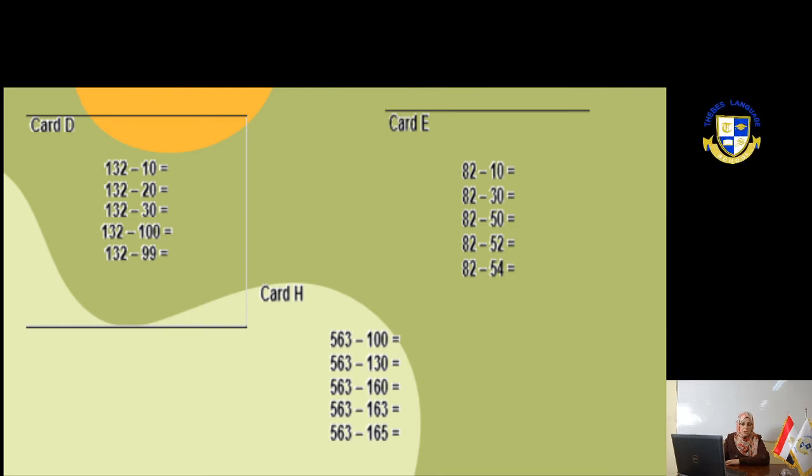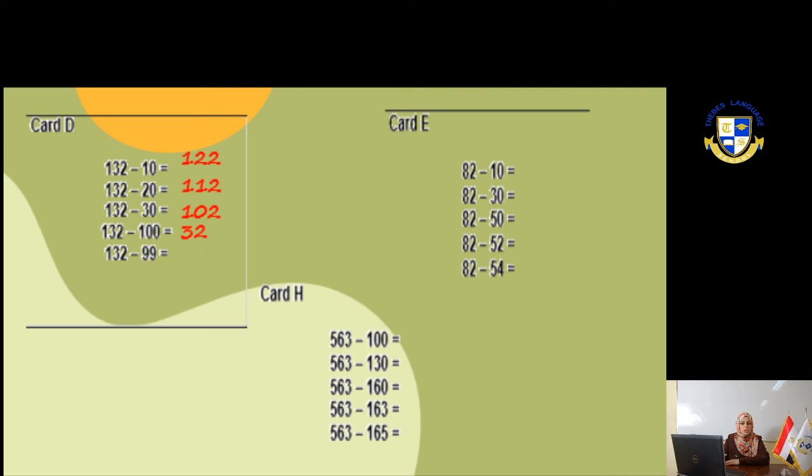Let's start with D, 132 minus 10. Ones and ones, 2, tens and tens, 2, hundreds, 1. 132 minus 20, ones and ones, 2, tens and tens, 3 minus 2 equals 1, and the hundreds is 1. 132 minus 30, ones and ones, 2, tens and tens, 0, and the hundred stays the same, 1. 132 minus 100 equals: ones and ones, 2, tens and tens, 3, and the hundred, there is no 100 because 1 minus 1 equals 0.